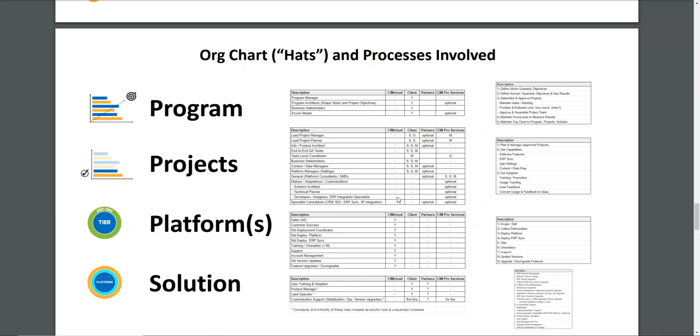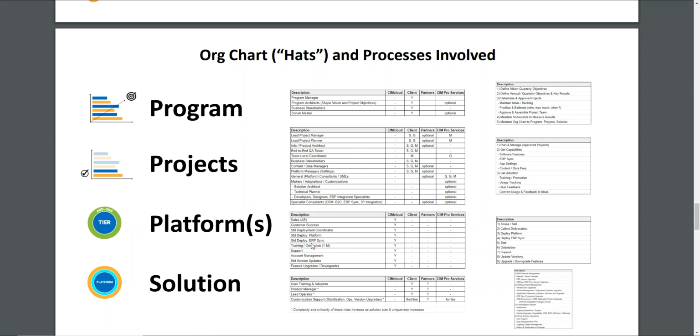So within SimCloud, we have a SaaS company or a software company that basically deploys and manages the platform. We also have a pro services group that can assist with the project and a few little pieces of the solution or the program, but largely the solution and the program are managed by the client, and in many cases the client takes on projects.